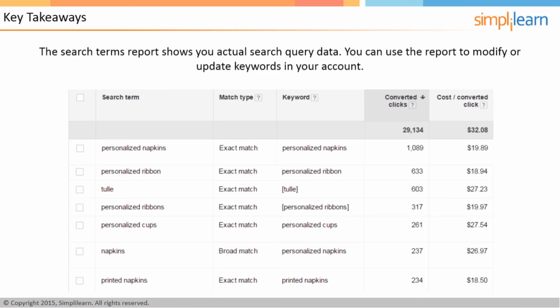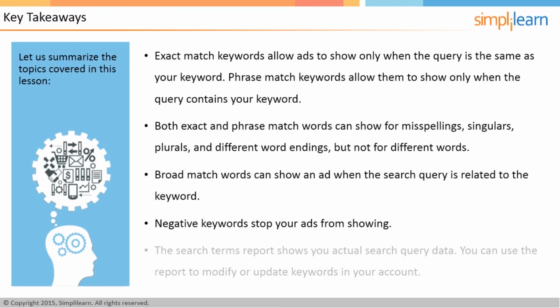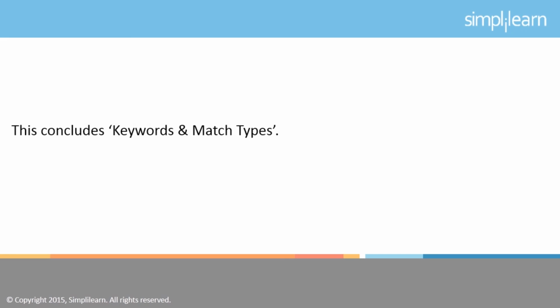So in the end, match types determine how closely related your keyword must be to the query for your ad to show. Negatives stop your ad from showing. The search terms report shows you the actual queries, so you can determine if there are new queries you want to make into keywords or negative keywords. So this concludes our information about match types.